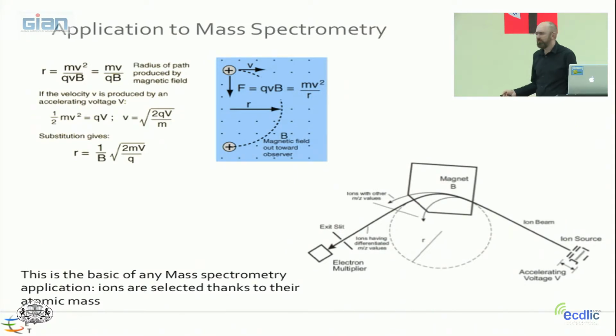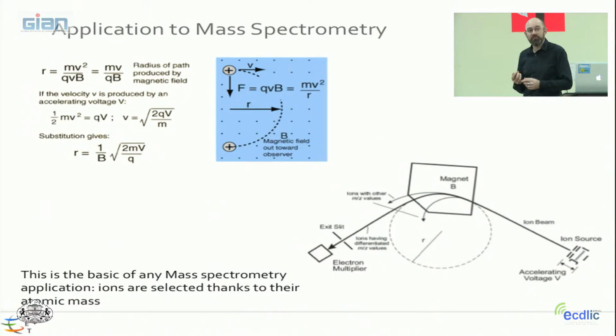I know the diameter. Radius. The radius of the deviation is given by a derivative and linearization of the Lorentz Force Law, and you have the radius, which is given by this formula: 1 over the value of the magnetic field, times the square root of 2mV, so the mass, the speed, and the charge.